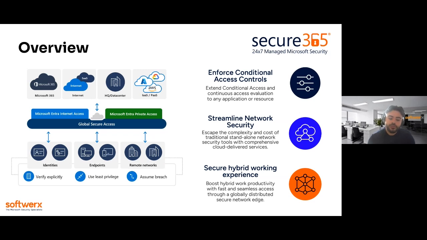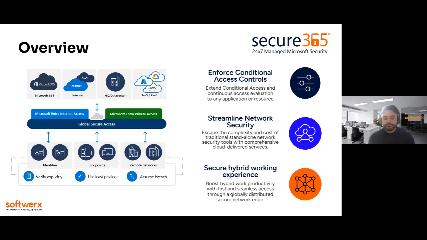We've then got use least privilege, so only providing access for our endpoints and users to what they need. Similar to how we would do it in Microsoft Azure, we wouldn't provide Owner on the resource group. We would provide Contributor, so you could build a VM, but we don't want you to have the ability to control the entire resource group. The same principle applies within the Zero Trust framework for Global Secure Access.